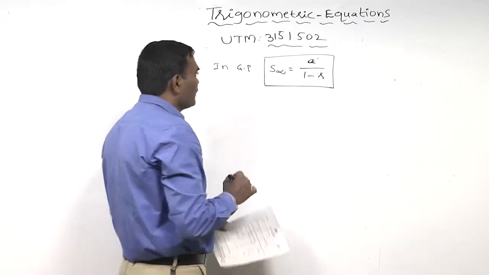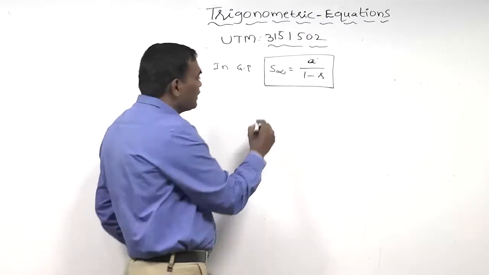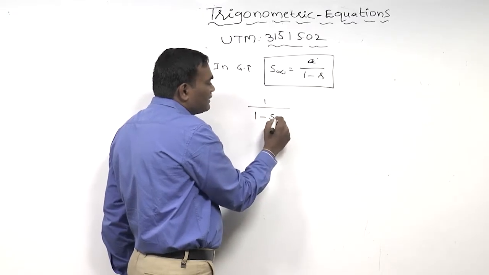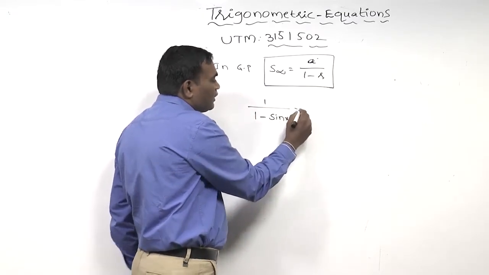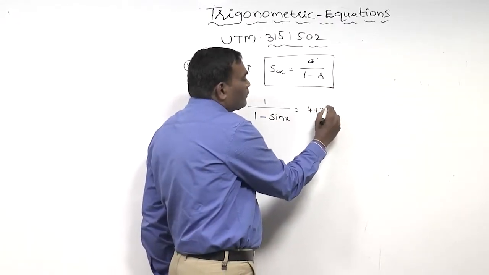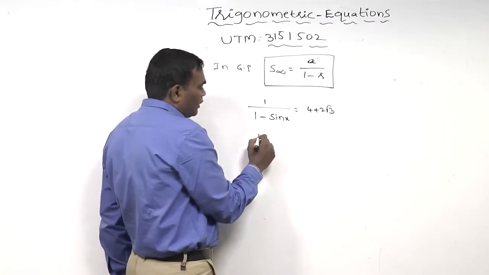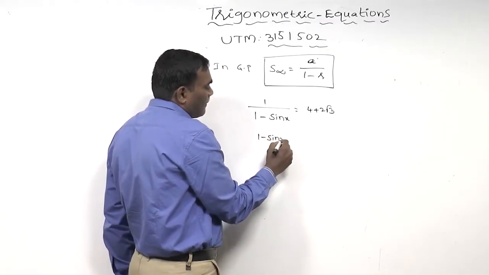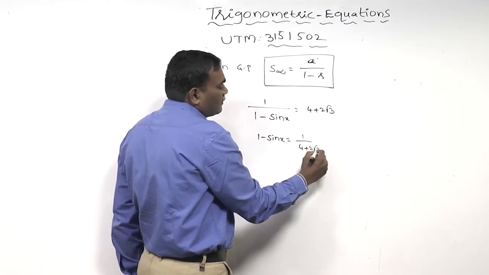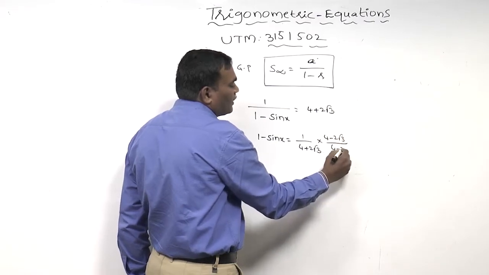T2 means second term. T means term. So in this, 1 plus sin x plus sin square x means what? A is 1, so 1 by 1 minus R, R is sin x, is equal to 4 plus 2 root 3. Now, 1 minus sin x is equal to what? 1 by 4 plus 2 root 3 into 4 minus 2 root 3 by 4 minus 2 root 3.